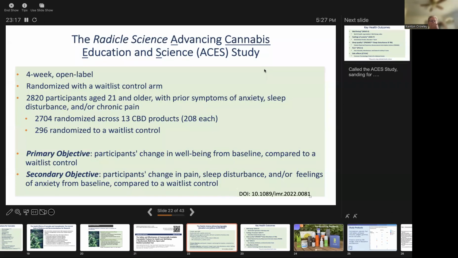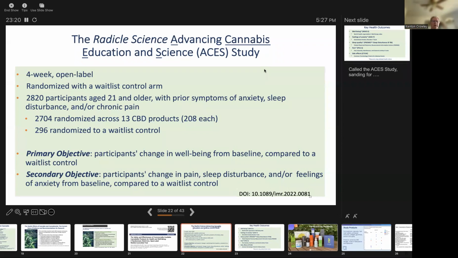So the ACEs study, or Advancing Cannabis Education in Science, was a 4-week open label, randomized with a waitlist control arm of 2,820 participants aged 21 and older with prior symptoms of anxiety, sleep disturbance, or chronic pain. 2,704 of them were randomized across 13 CBD products currently available on the market, and 296 were randomized to a waitlist control.